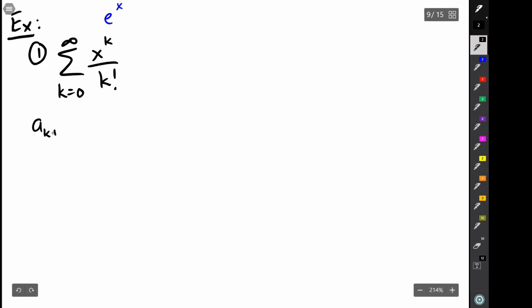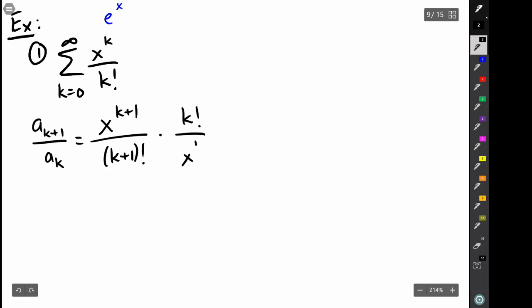We're going to do our usual a_(k+1) over a_k. So this will be x to the k plus 1 over (k plus 1) factorial times 1 over a_k. After simplifying all of this, we're going to get x over k plus 1.